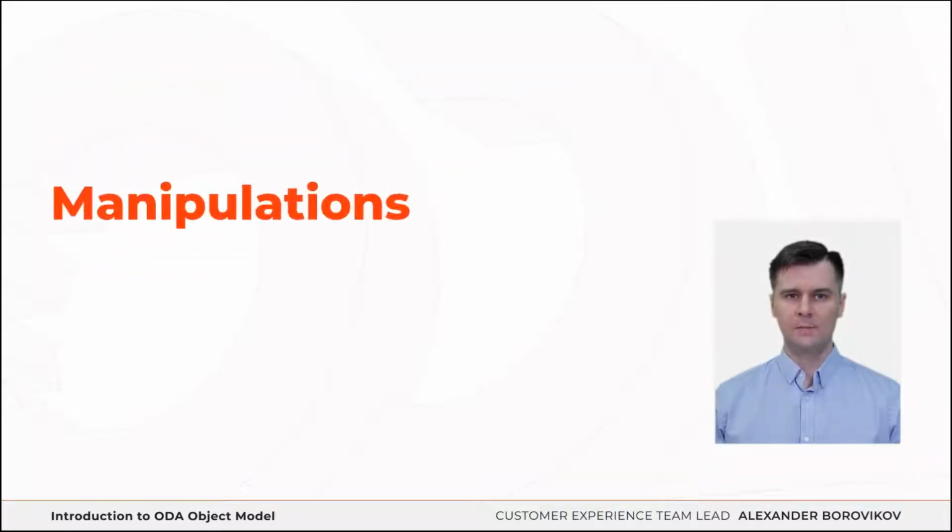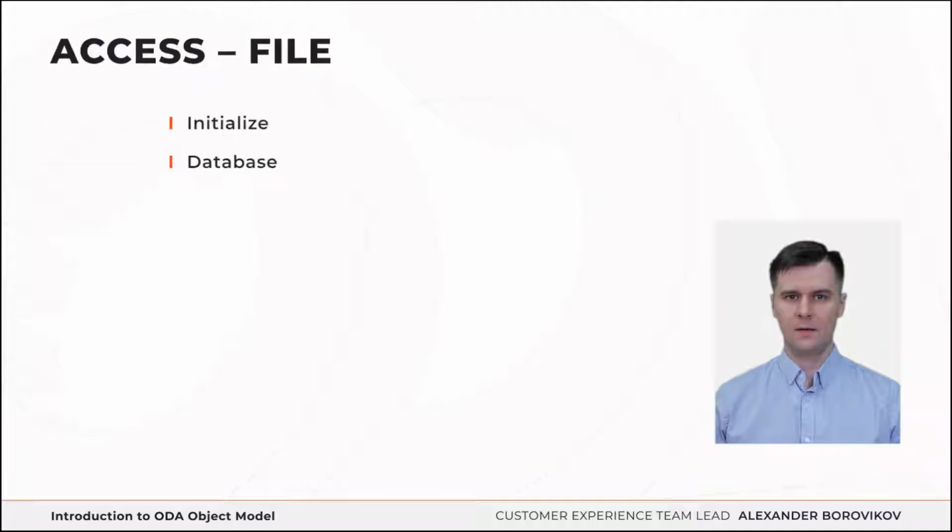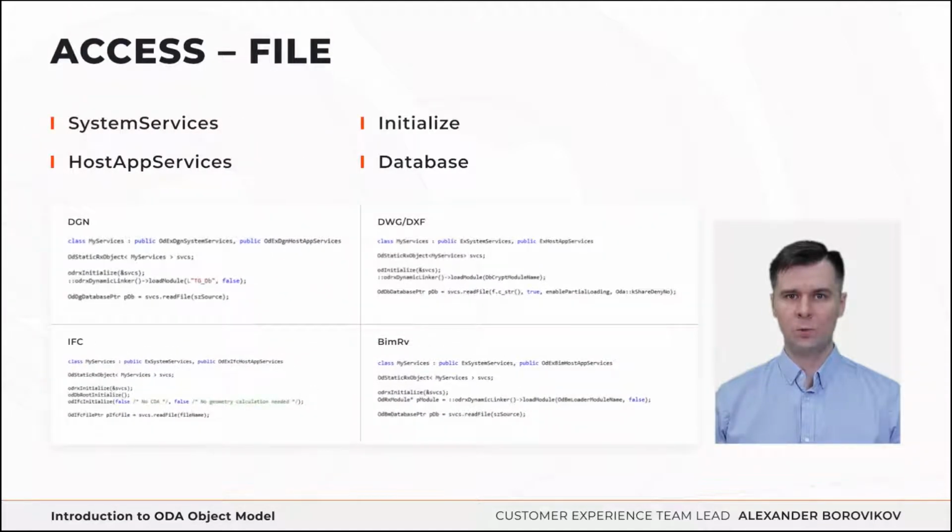The next block, manipulations. Now, considering the information provided before, let us have a look at how we can perform various operations with the formats. This slide illustrates what we need to get the database object, the representation of the file in our code.